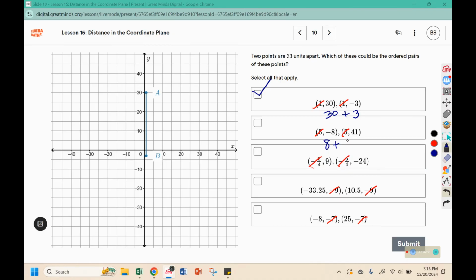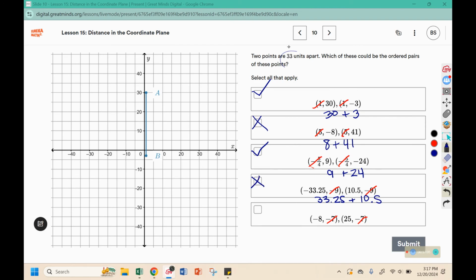Absolute value here is 8 and 41, but 8 plus 41 is 49, not 33. 9 and positive 24, that makes 33. Here I have absolute value would be 33.25. Absolute value would be 10.5, which would give us 43.75.